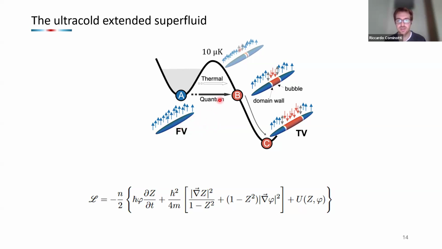Now, in our system, we can have, in principle, both quantum and thermal fluctuations, which might drive the decay. And as we've seen before, only some bubbles can form. For us, these bubbles are expected to be one-dimensional because of the geometry of the sample.